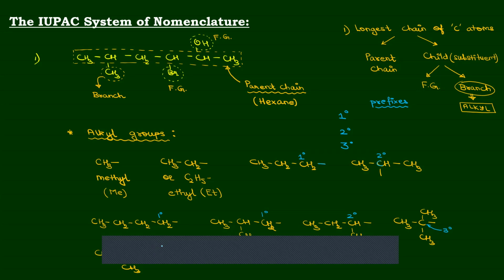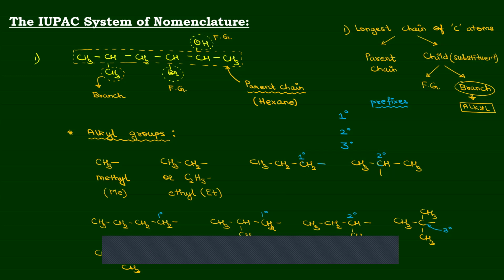And this CH2 is attached to how many carbons directly? It's not two. The carbon has four valency: one is going to the radical, two are attached to hydrogen. So how many are connected to other carbon directly? One. So this is also a primary carbon.